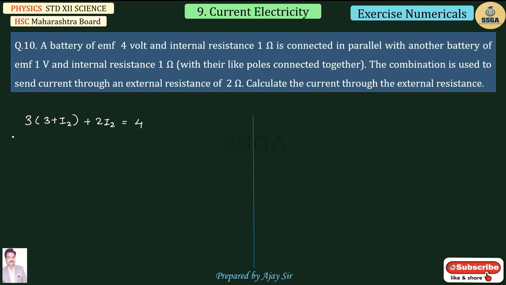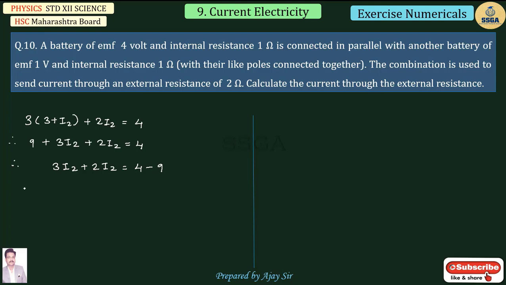So let us remove the bracket. 3 into 3, that is 9, plus 3 I2 plus 2 I2, which is equal to 4. So this 9 we shift to the right hand side, so this will be 3 I2 plus 2 I2 equal to 4 minus 9.